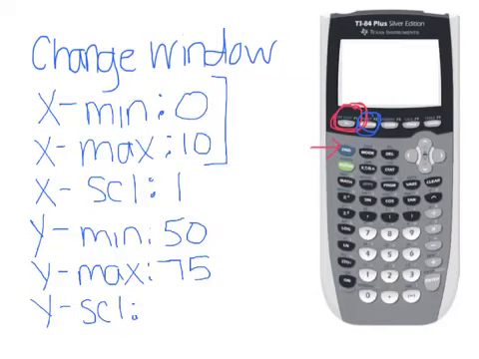I think the actual maximum was like 72 or 73%. But again, just like I did on the X window, I'm giving ourselves some extra room on either side of the actual data set. So if I'm going from 50 to 75, I think 5 is an appropriate scale. And once you have your window changed, you can go ahead and press graph right here, and you should see your scatter plot.